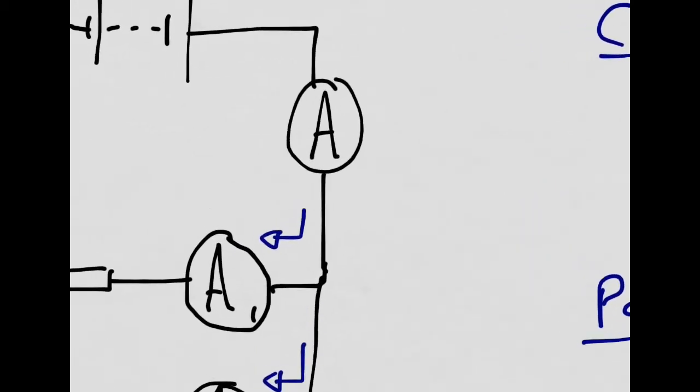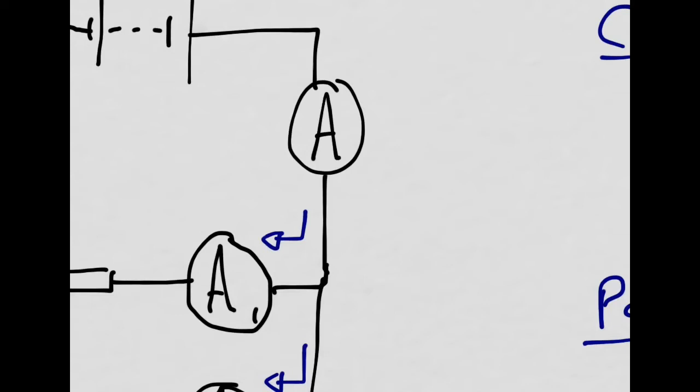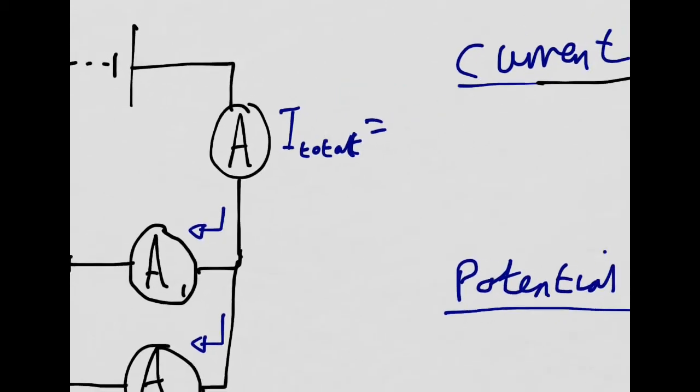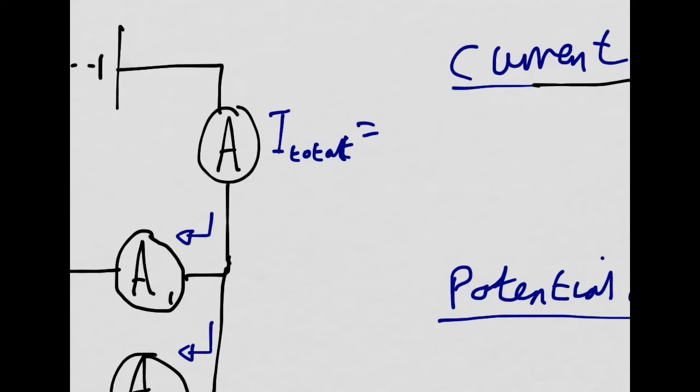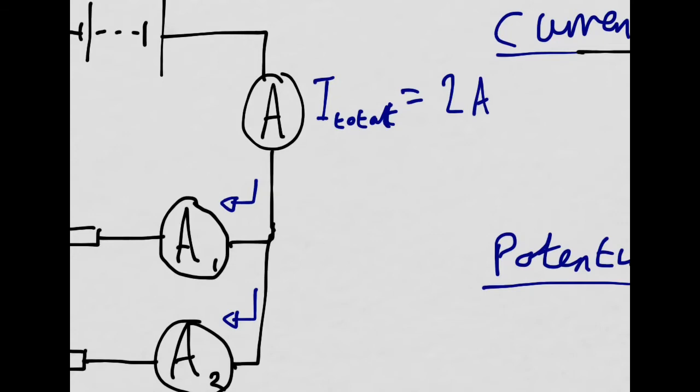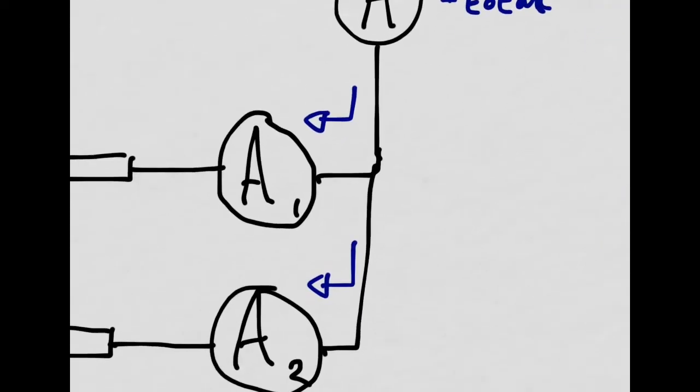So if I take a measurement here, this is our total current. Let's say I measure it there and I get 2 amps. Now if I then measure my current at ammeter 1, down the first branch, let's say I measure 1 amp.